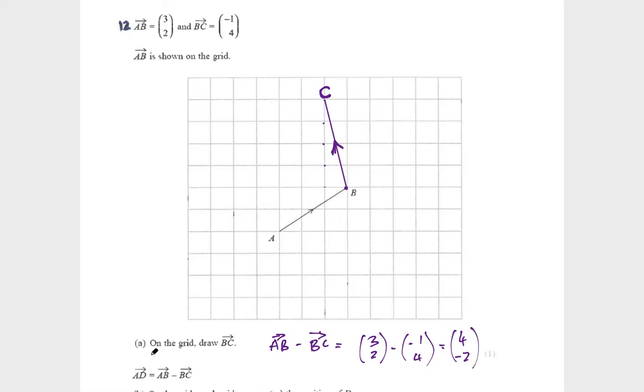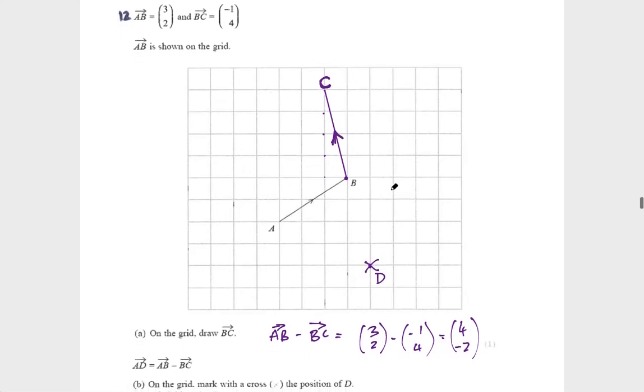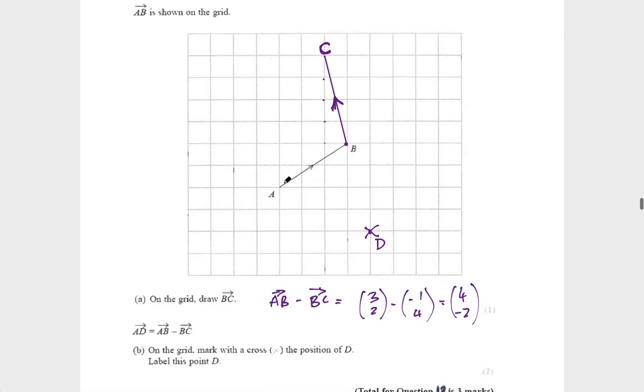So if I do that from A to D, that is 1, 2, 3, 4 across and 2 down. And it said to mark it with a cross, so I'll do that and label it D to make sure it's there. The other way to do it, if it's AB minus BC, is to say, well, if that's AB, then do CB from there, or BC backwards from there, which is 1, 2, 3, 4 down and 1 across. And that would take you to D as well.